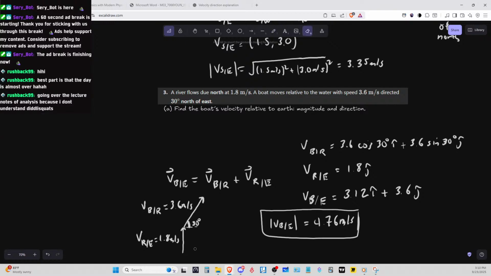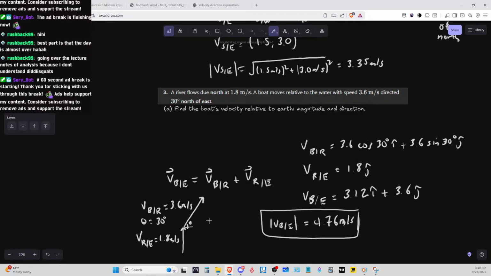Which means the boat is gonna go in this type of direction. So we gotta remember this is 30. So I'll just put a little theta there. So theta is 30 degrees.